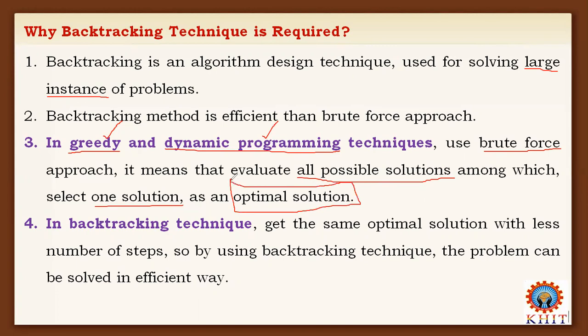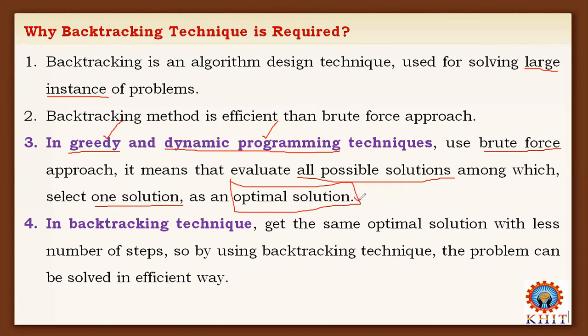So what methodology do we follow in the greedy method? First, you generate all possible solutions of the given problem. Once all possible solutions are generated, among those you pick the one solution that performs best.